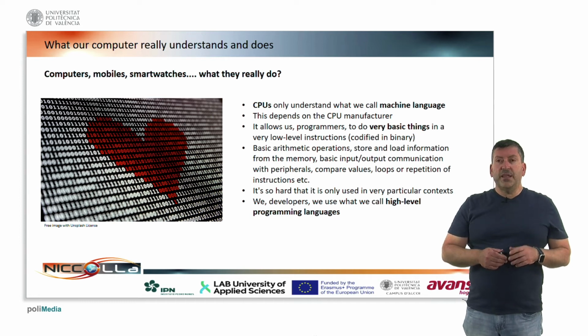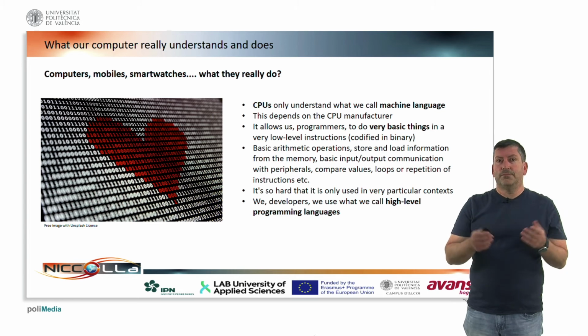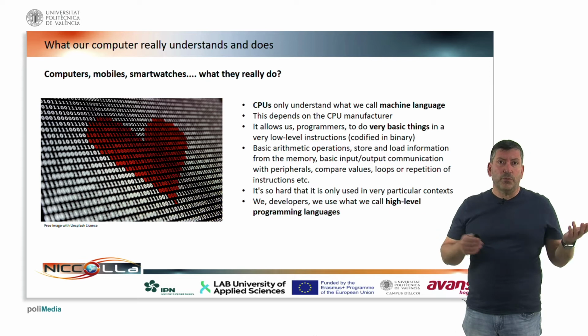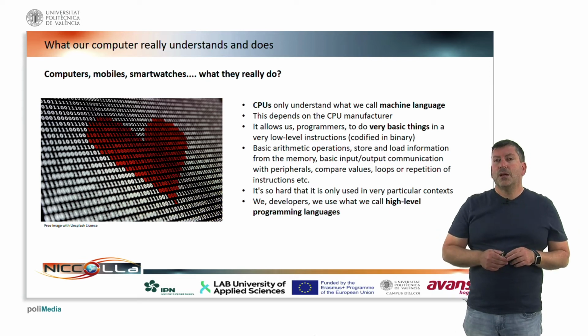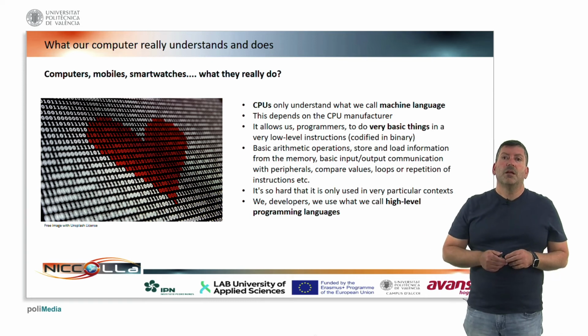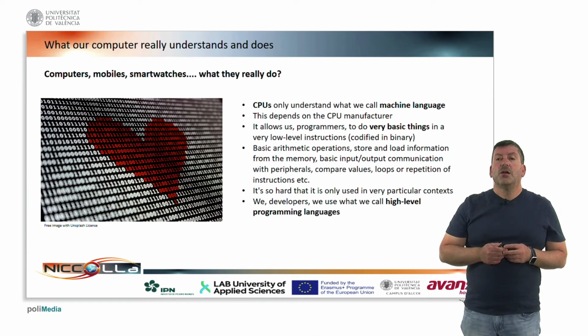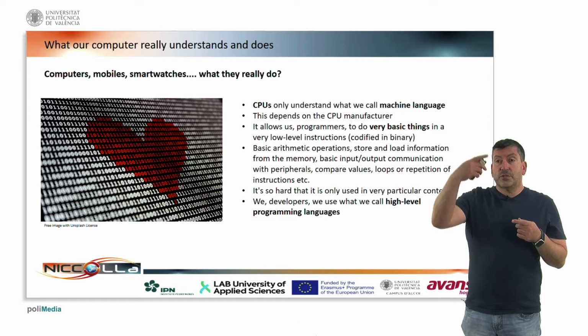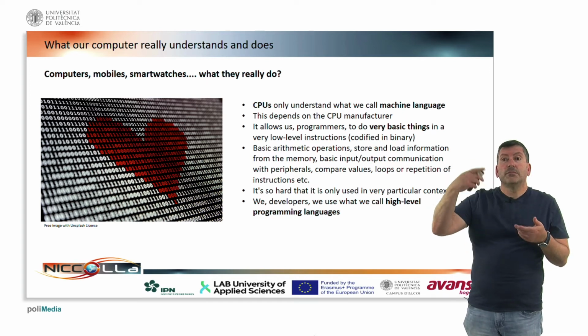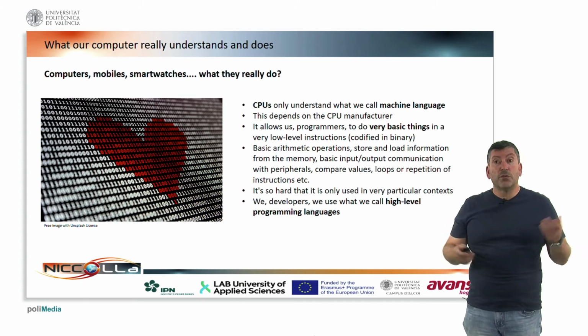So what kind of things is this CPU really able to understand and do? Well, basic arithmetic operations, to store and load information from the memory, basic input-output communication with peripherals, compare values, loops, what we call loops, repetition of collections of instructions while a specific condition is true or false.